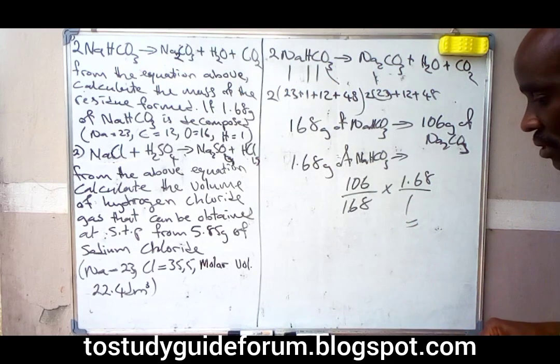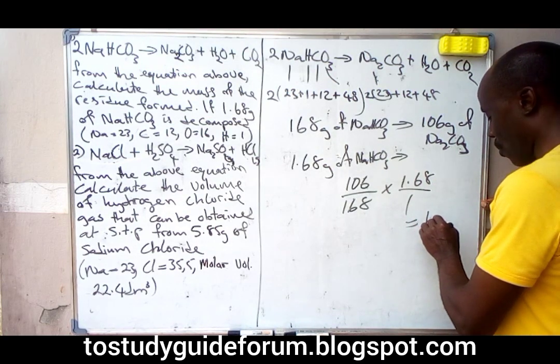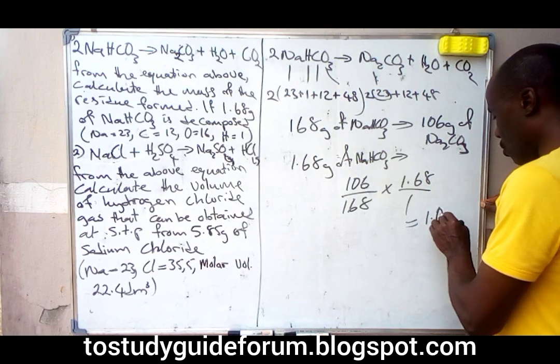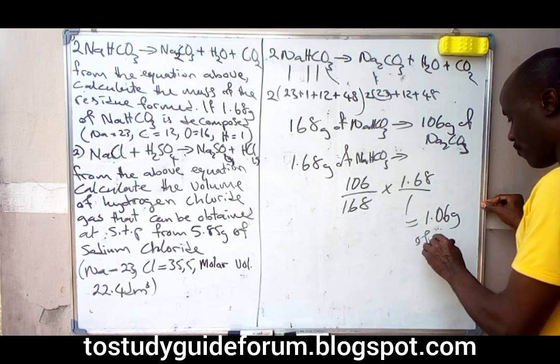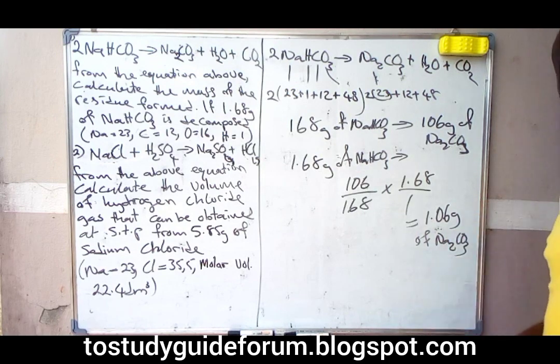When we divide this, we have 1.06 grams of sodium trioxocarbonate.